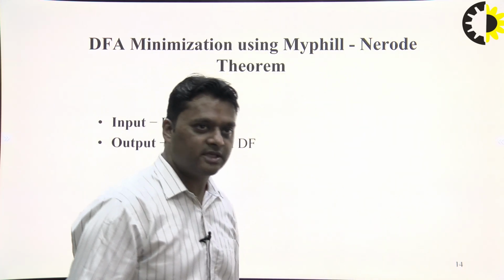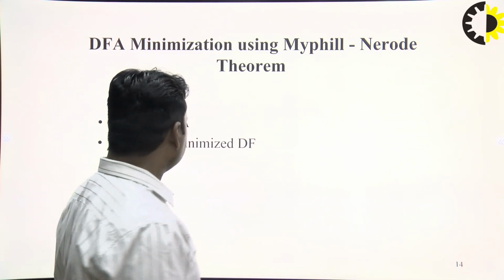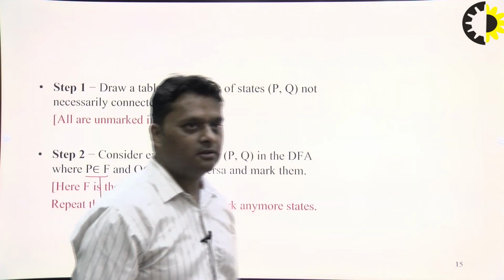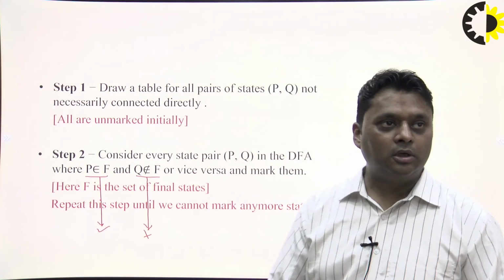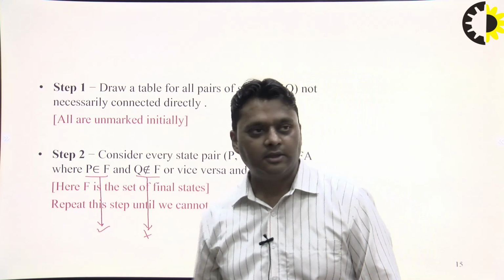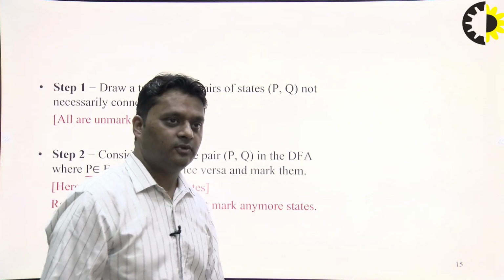There are four basic steps for the Myhill-Nerod theorem. Step 1, draw a table for pairs of states P and Q, not necessarily connected directly. Step 2 is the main step.